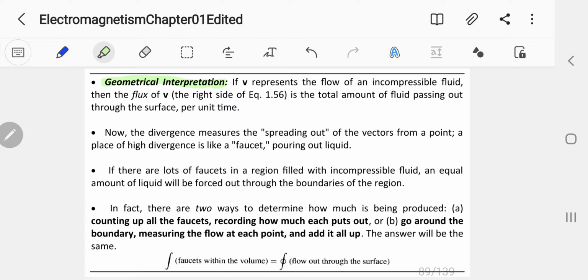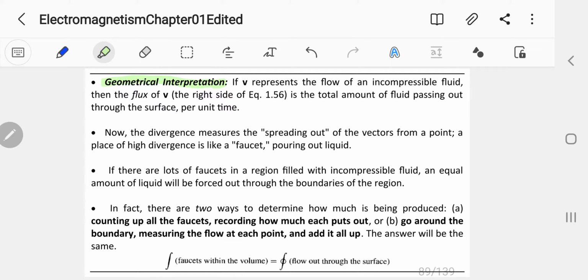The divergence measures the spreading out of the vectors from a point, a place of high divergence, like a faucet pouring out liquid. If there are lots of fluids in the region filled with incompressible fluid, an equal amount of liquid will be forced out through the boundaries of the volume, or the boundaries of the region.